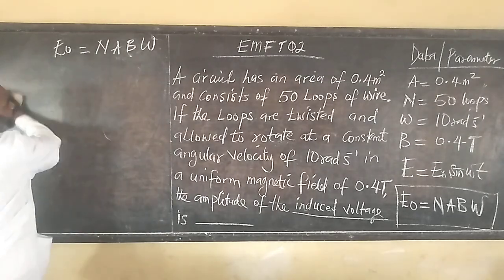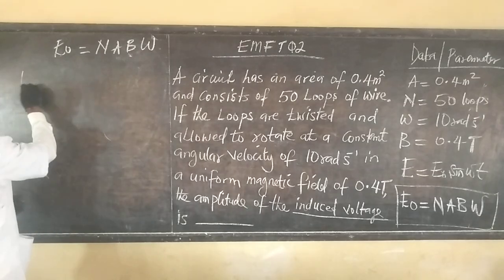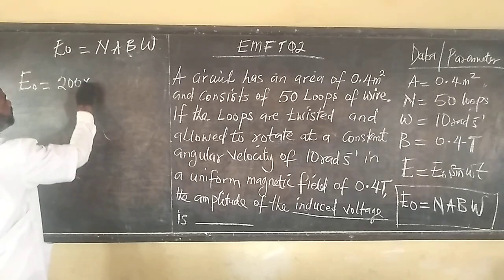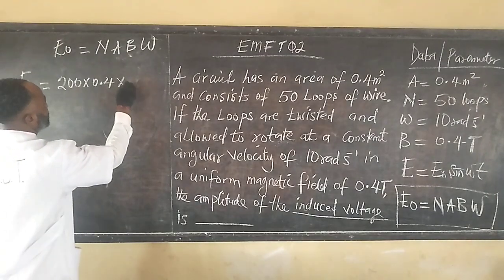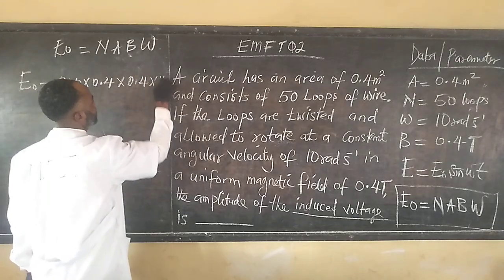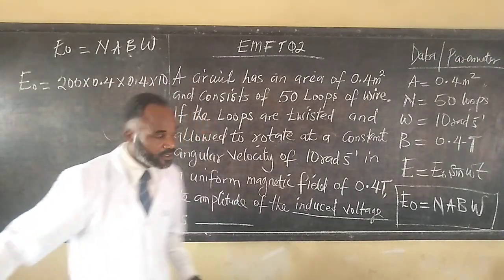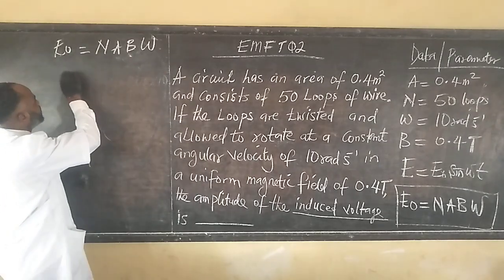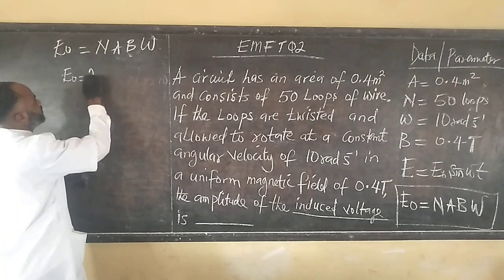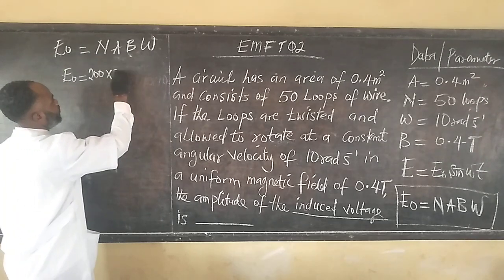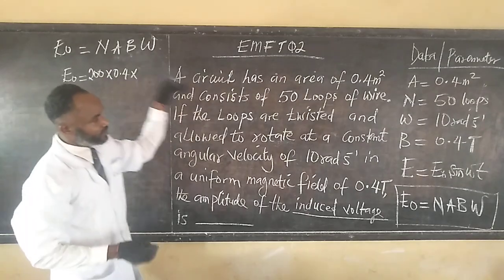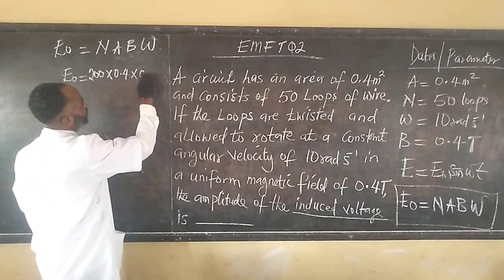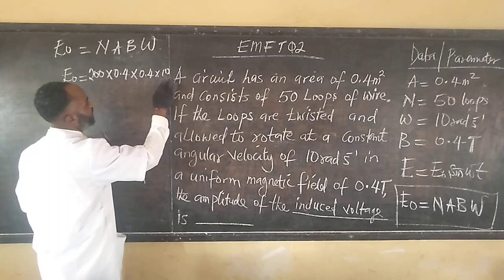So E naught is equal to 200 times 0.4 times 0.4 times 10.